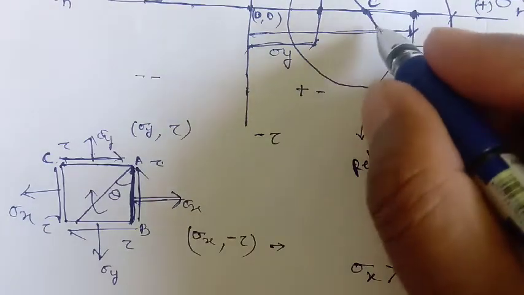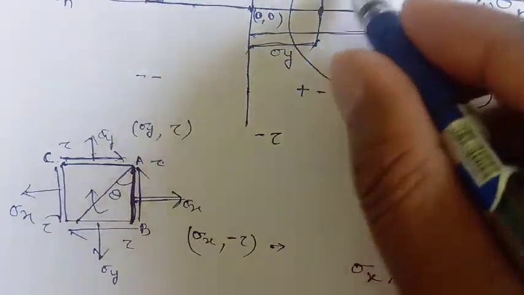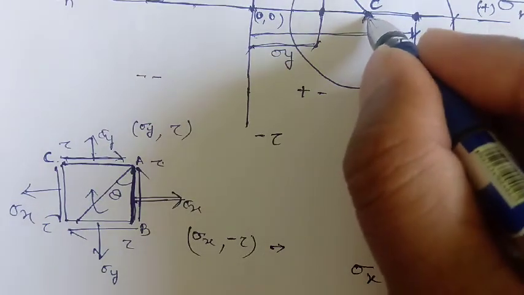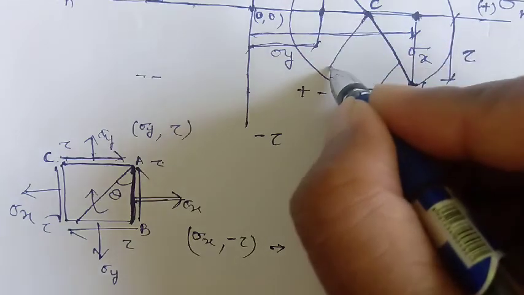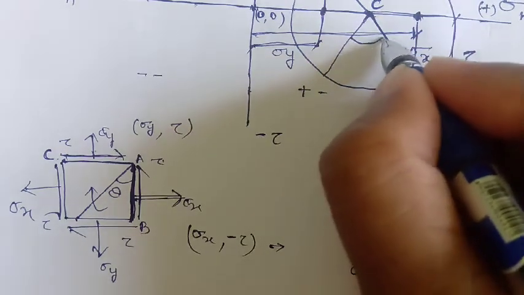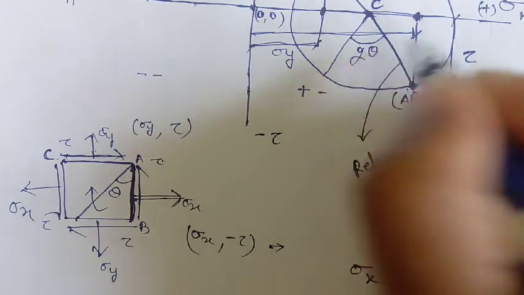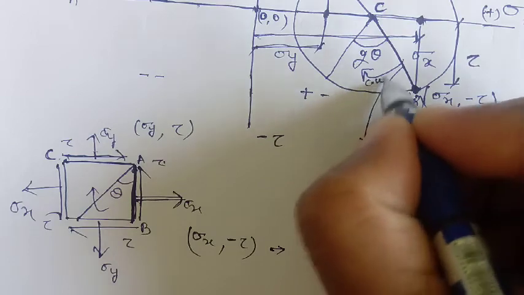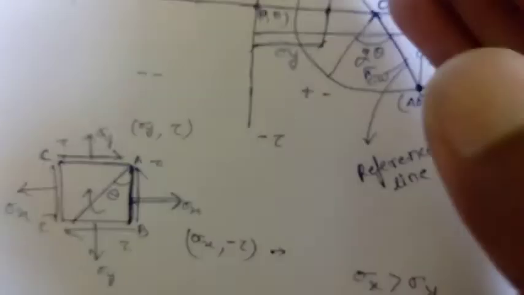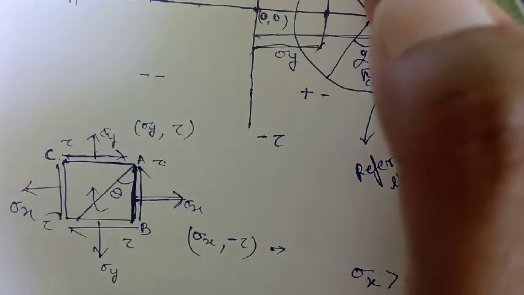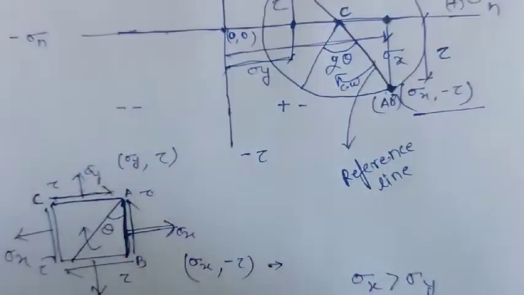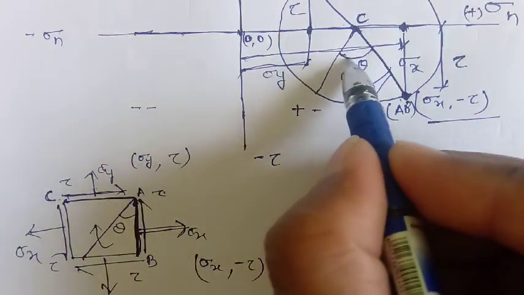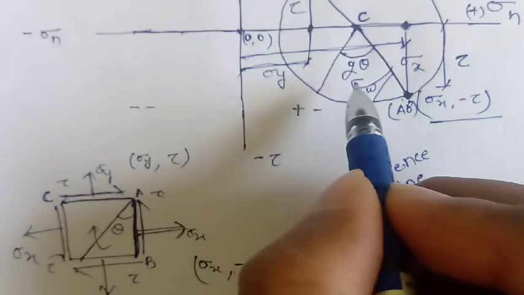We have to use the protractor and make this angle 2 theta from this reference plane, in the clockwise direction. From here we have to rotate this side. So theta will be represented here in the Mohr circle as 2 theta.